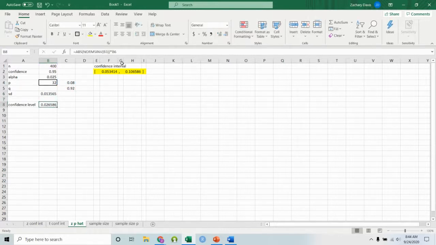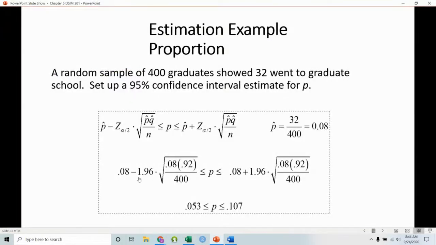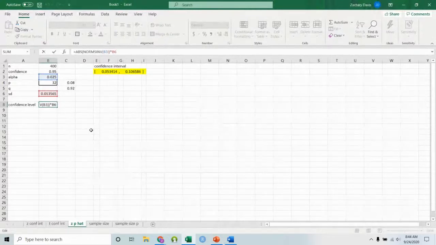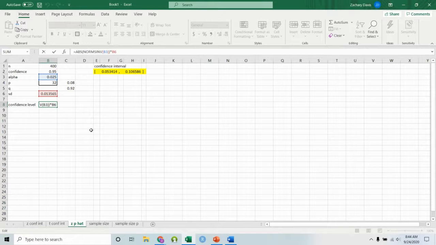Then we have to look up our confidence level. So we're going to use NORM.S.INV of B3, which is 0.025, which will give us our value of 1.96. And then we multiply that by our standard deviation. That will give us our confidence level that we can then subtract from our p.